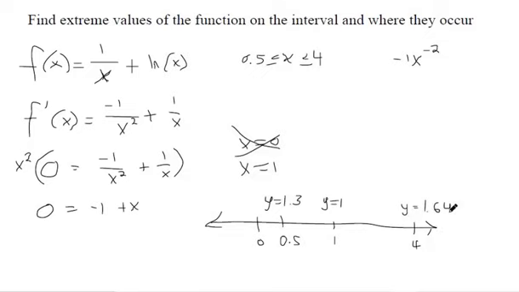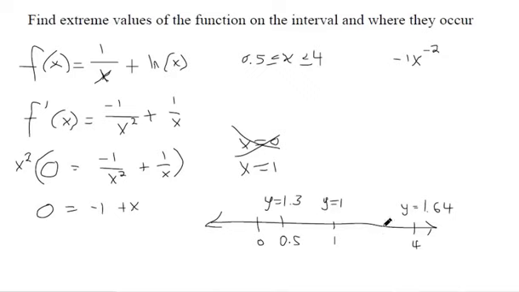Okay. We were asked for extreme values. The endpoints of the interval and critical points are the only places where you could have extreme values. At x equals 1, the y value has reached a minimum.